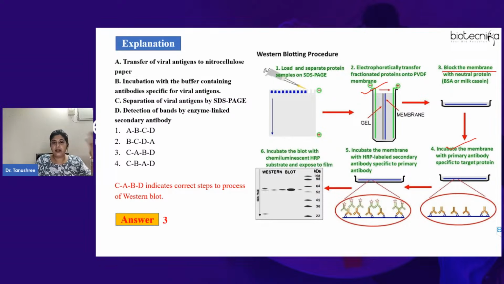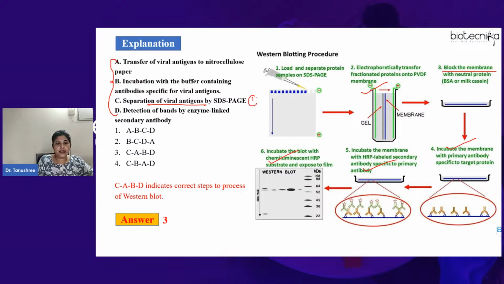Direct method or indirect method, you can use secondary antibodies which are conjugated with an enzyme. So here we have used HRP, horseradish peroxidase, and finally you will add the chemiluminescent substrate, the HRP substrate. So if you look at the steps, first you separate the viral antigens.